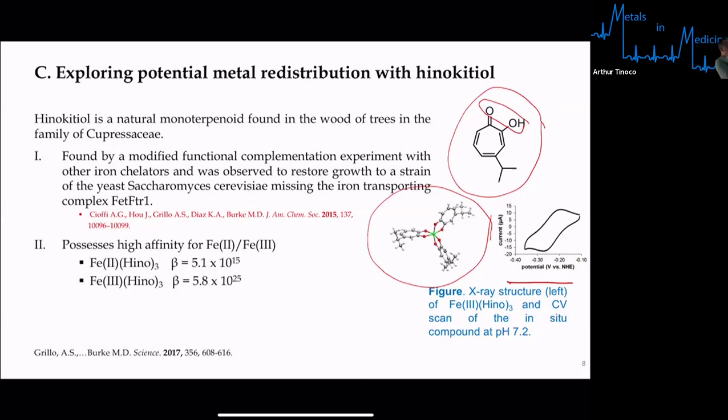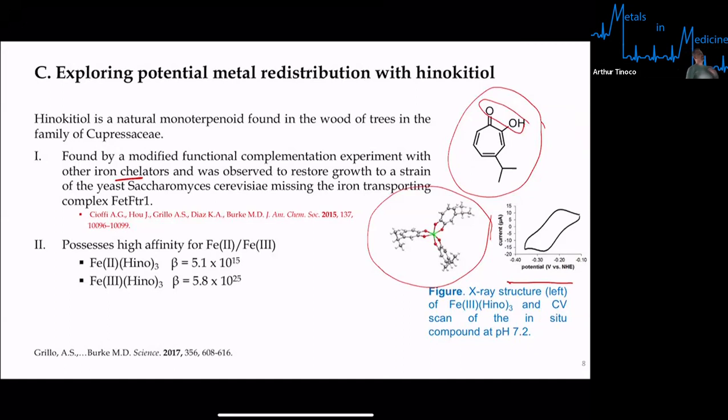This particular chelator and its possibility of engaging in metal redistribution was found from a type of complementation experiment. What was done was that a series of iron chelators were studied. This particular hinokitiol and some of the more classical, synthetically made chelators were explored.